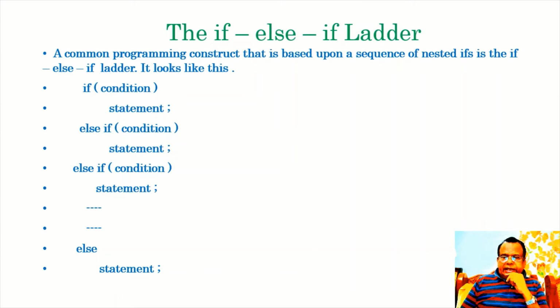The if else if ladder. What is it? Look. A common programming construct that is based upon a sequence of nested ifs is the if else if ladder. It looks like this.